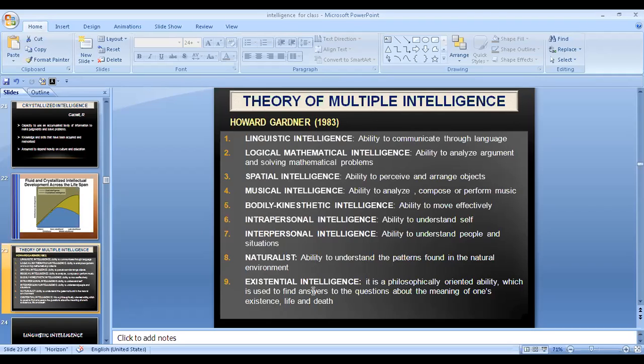It is a philosophically oriented ability used to find answers to questions about the meaning of one's existence, life, and death. Now, based on these 9 factors of intelligence, he has described which kinds of jobs they will be fitting into.